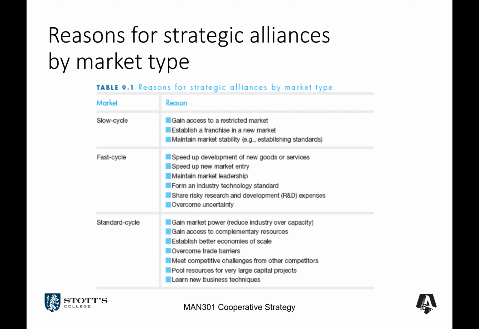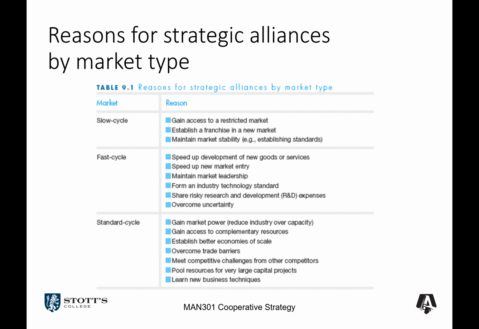Now, I'm being very careful in the way I've said this. One of the reasons for being so careful is that this model, which is a simplification of reality, something I say almost every week, you can see how there are some overlaps between each of these levels. I said establishing standards for slow cycle. Establishing technology standards is a fast cycle.